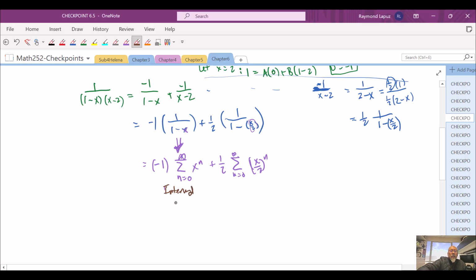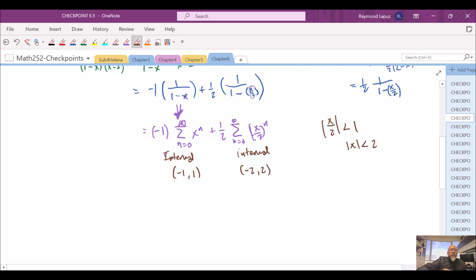Interval is going to be -1 to 1 for this first one. And then the interval for the second one, let's not spend too much time on this, but it's essentially x over 2 is less than 1. And so if we multiply this, this is going to be absolute value of x is less than 2. And the endpoints aren't going to work out either, so this is going to be from -2 to 2.